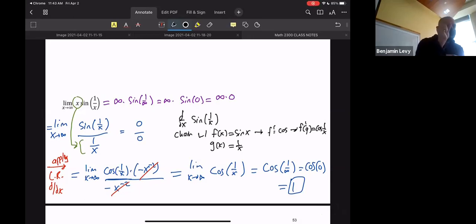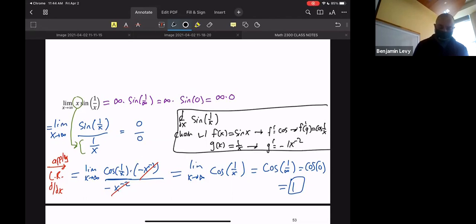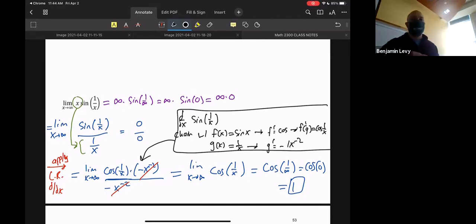You ignore what's on the inside and just differentiate the outside piece, so it becomes cosine. Then the inside piece, when you differentiate that, we've done that a couple times, you bring down the power and subtract 1 off the power. People usually ask about that piece, so I thought I'd throw that in there. That's how we get this part. The cool thing is it cancels with the bottom, which was really nice, and then we move forward.